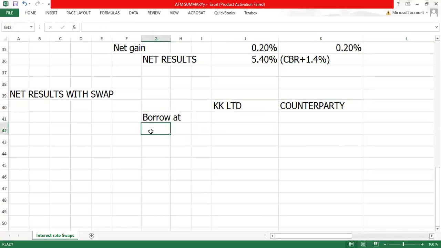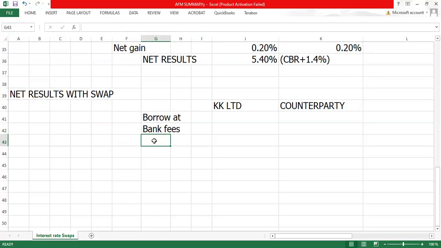Then next, you're going to look at what you're going to pay to the bank, the banker fees. Because you're entering into the swap arrangement, you need to pay the intermediator, the banker fees.